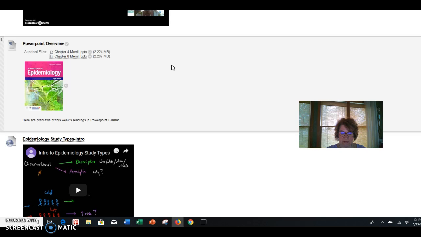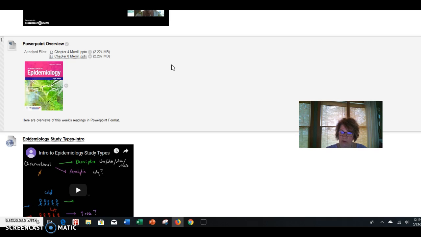And just keep in mind, as we're looking at the types of data, the key component is looking at how to really read and analyze the different types of study.